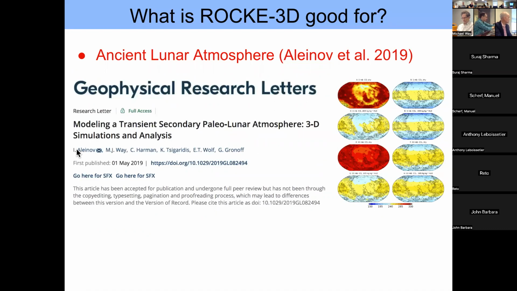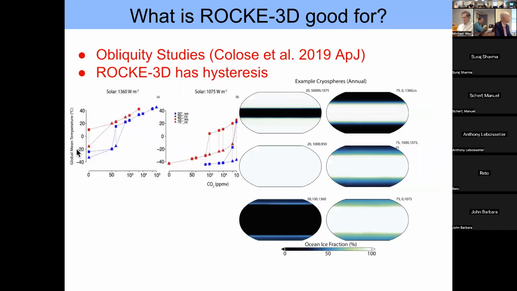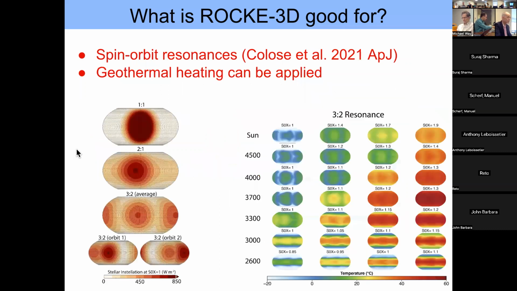And then Igor Lienov has even used this to look at an ancient lunar atmosphere, a short-lived lunar atmosphere that's been postulated in various papers in the press. And Igor continues that work with the model, looking at very, very thin atmospheres, which we may touch on a bit more later. And then Chris Kalosis, who is in the room with us today, has also looked at obliquity studies with the model, looking for hysteresis in the model output, which has been seen by a number of others in the literature, and also spin orbit resonances.